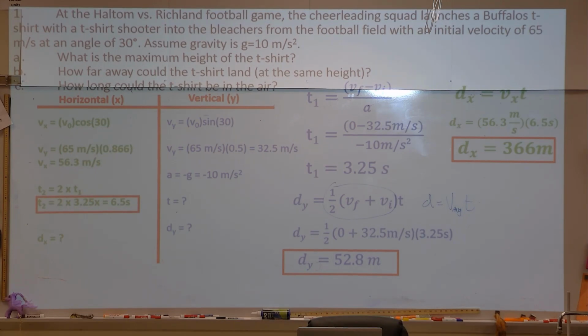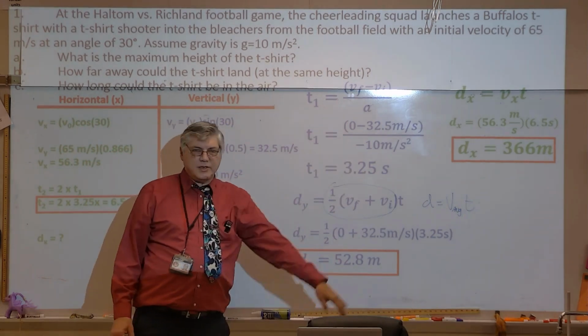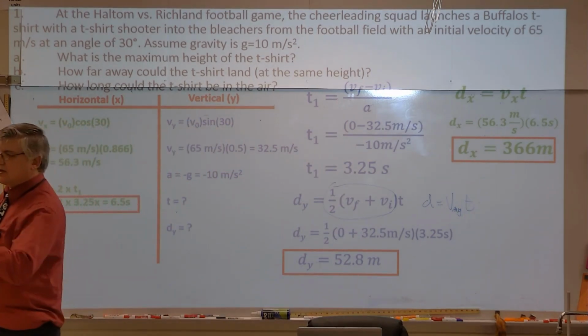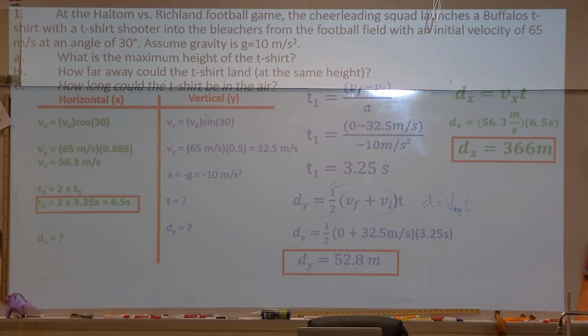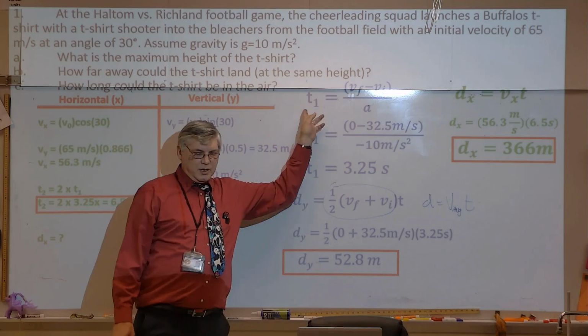Or in this case, if you know the initial velocity, you can solve for how long it takes to get to 0. Gravity is sucking away at that initial velocity. When you shoot something up, gravity's pulling away from it, trying to get it to slow down. And when it reaches 0, we can use this equation right here to calculate how long it took.